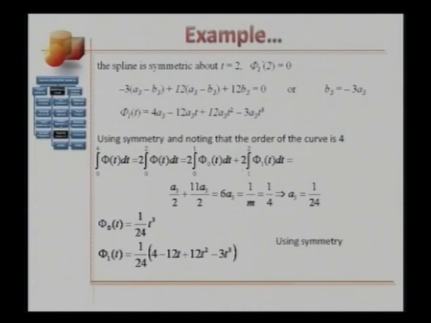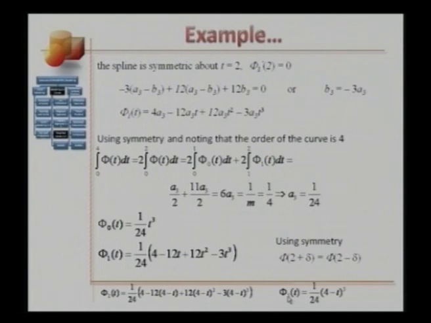We can use symmetry, and we can say that phi of 2 plus delta is the same as phi of 2 minus delta for any delta, which would give us phi 2 of t equals 1 over 24 times (4 minus 12 times (4 minus t) plus 12 times (4 minus t) squared minus 3 times (4 minus t) cubed). All you need to do is plug in 4 minus t in place of t to take care of this transformation.